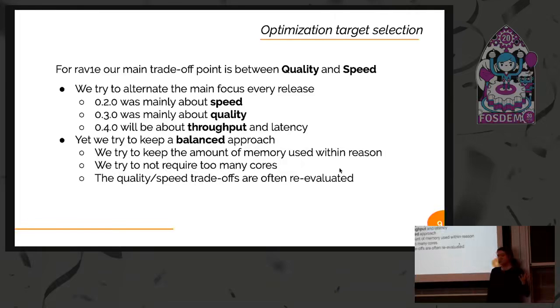For rav1e, we try to shift the focus between speed, quality, and throughput. So 0.2, that was about a month ago, the focus was speed. We wanted to get everything faster. 0.3, quality. We want to get most of it better in some ways. 0.4, we will probably try to balance everything and get a better throughput, all in all.